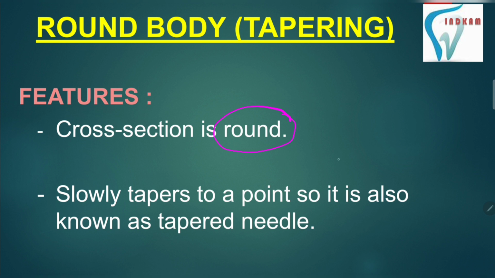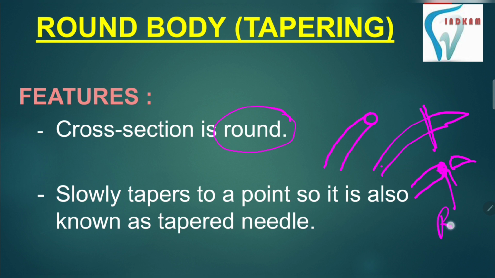As we can see in this, the cross section is like this. If this is a needle, if we cut it from here, the cross section will come like this, round.